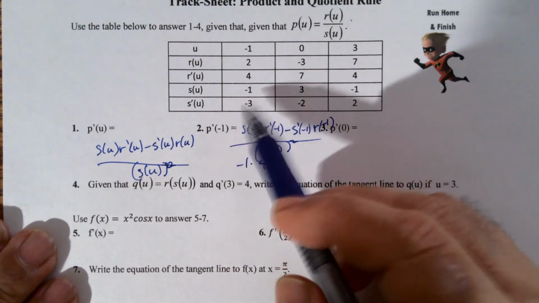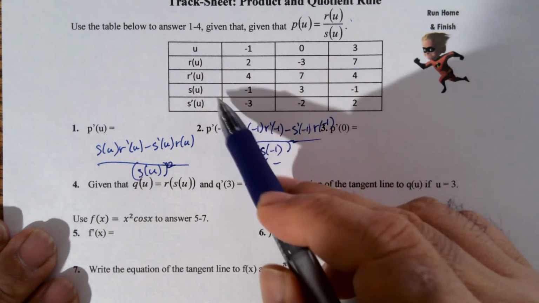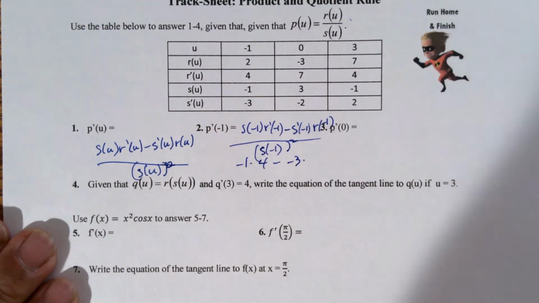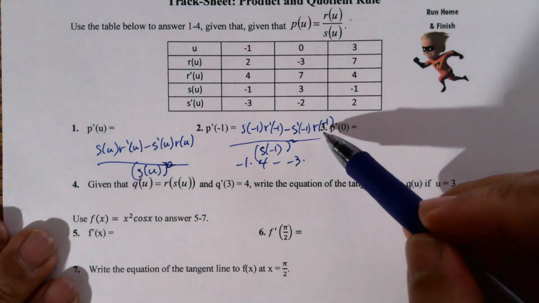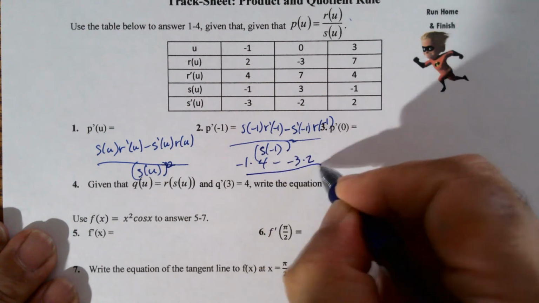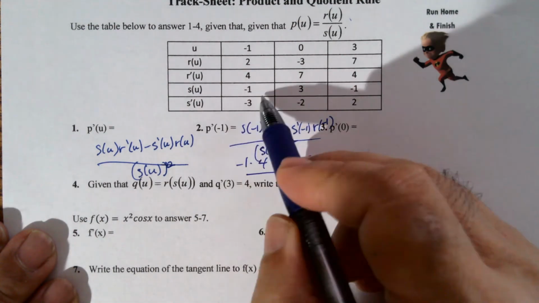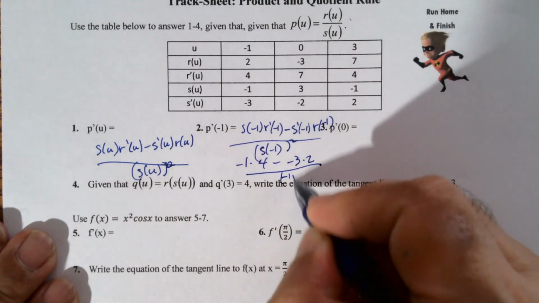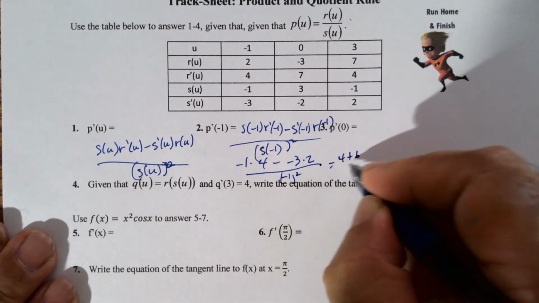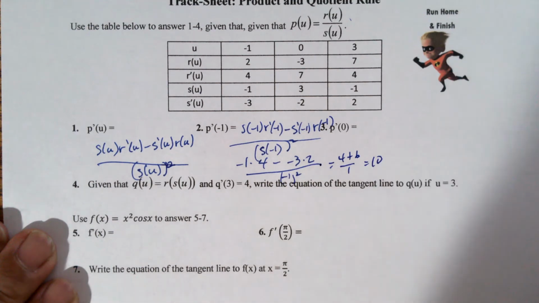Minus s prime of negative 1 is negative 3. R of negative 1 is 2, over s of negative 1 squared. So that's going to be 4 plus 6 over 1, so that's 10.